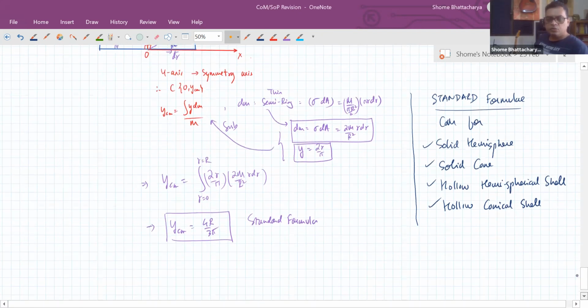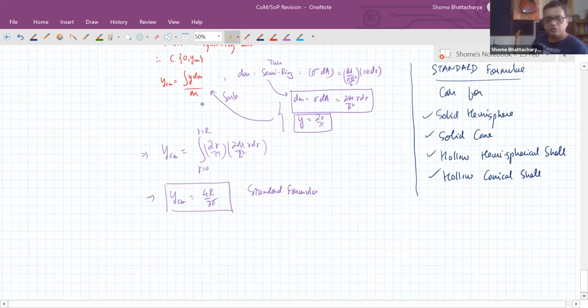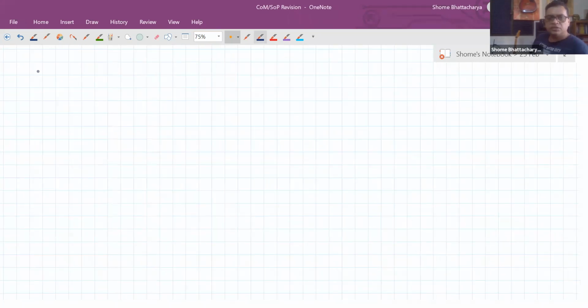Okay, so let's look at one more of the standard derivations. We will look at the case of the hollow hemispherical shell.